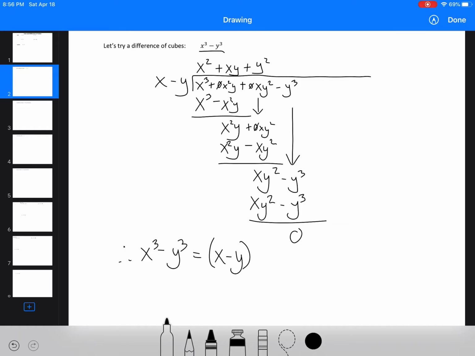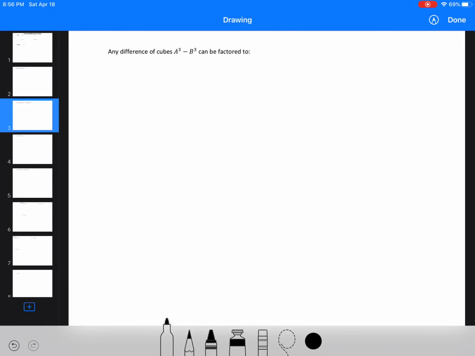So therefore, x cubed minus y cubed equals x minus y times x squared plus xy plus y squared. In general, this is a formula that you should memorize.